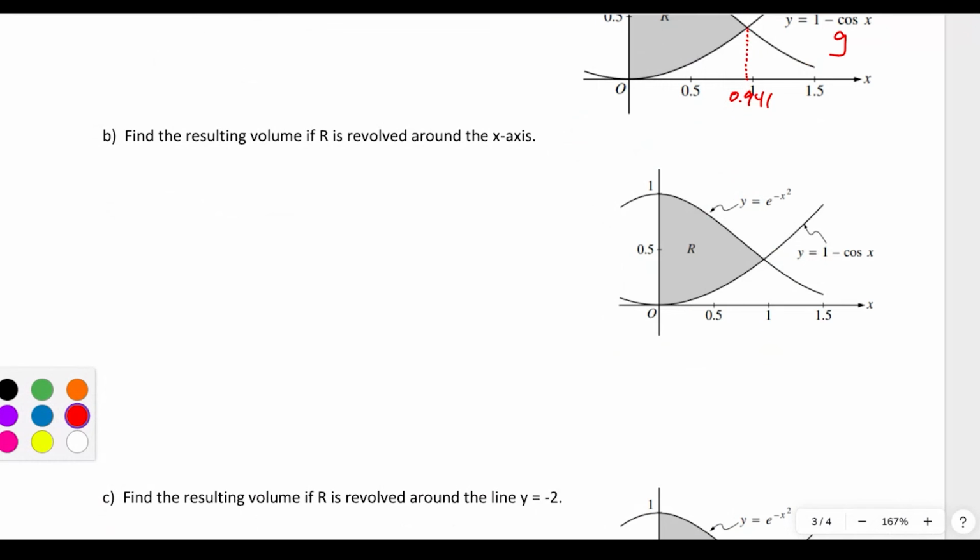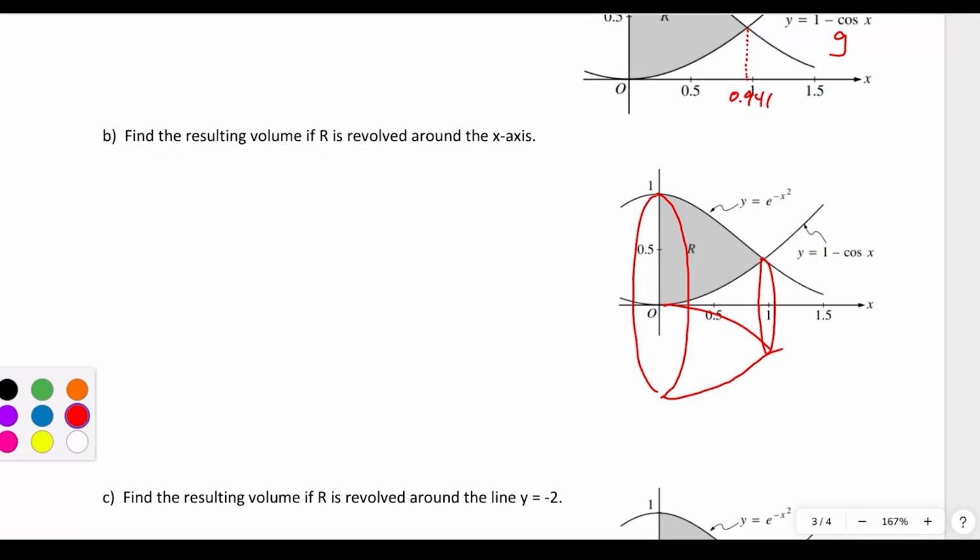We'll do the best we can, but it's going to do something like this. And then you're going to have basically like a hole here. It almost looks like a cone-shaped hole in this object, where the point is right on the edge there.